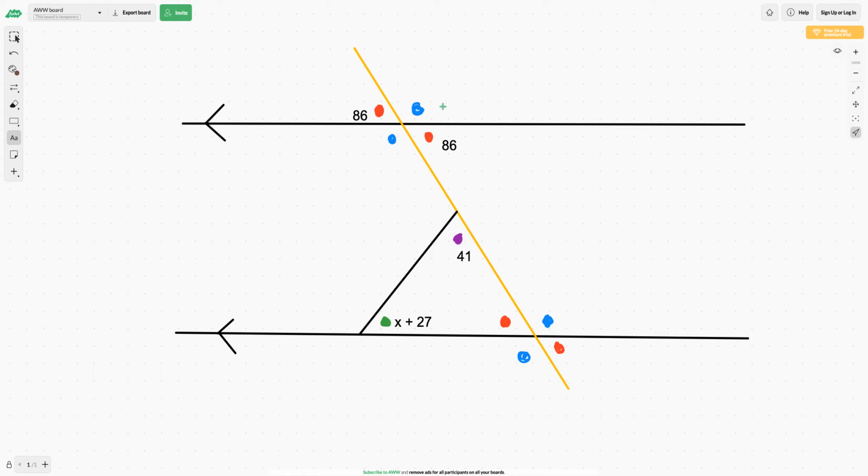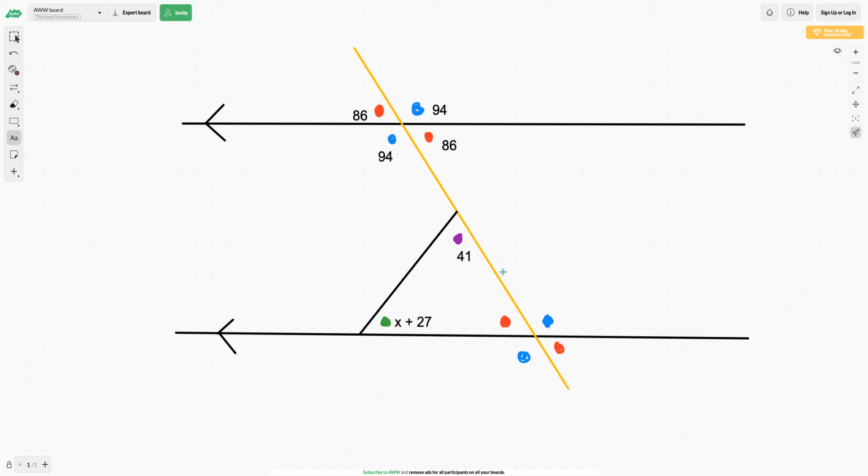So I'm going to get out my calculator and do 180 minus 86. That's 94. So this is equal to 94 because they're supplementary, and 86 plus 94 equals 180. To find this angle right here, this one's pretty easy because these two are vertical angles, or you can say these two form a linear pair. Either way, it will still be 94.